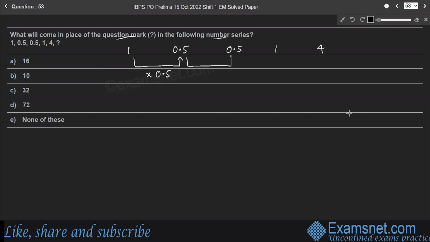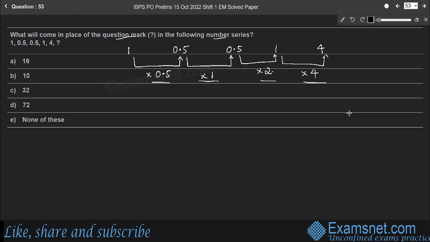And 0.5 into 1 gives the third number. Whereas the third number 0.5 into 2, 0.5 into 2 gives 1. And 1 into 4 gives the next number, the fifth number. Here look at the multipliers: 0.5, 1, 2, and 4.